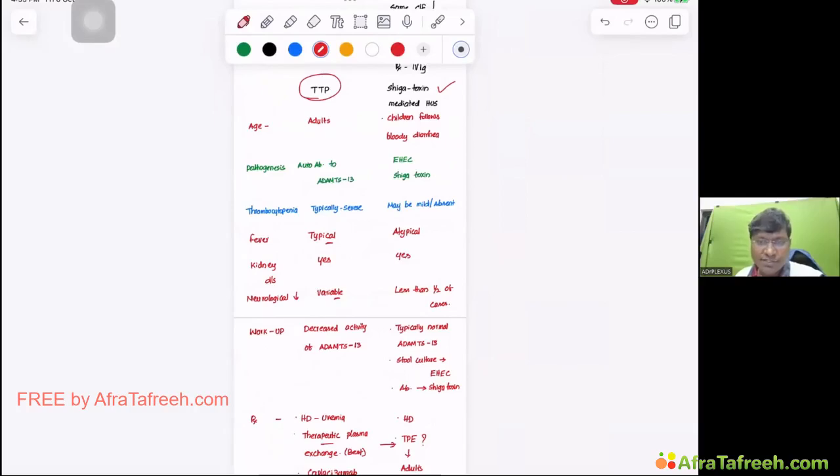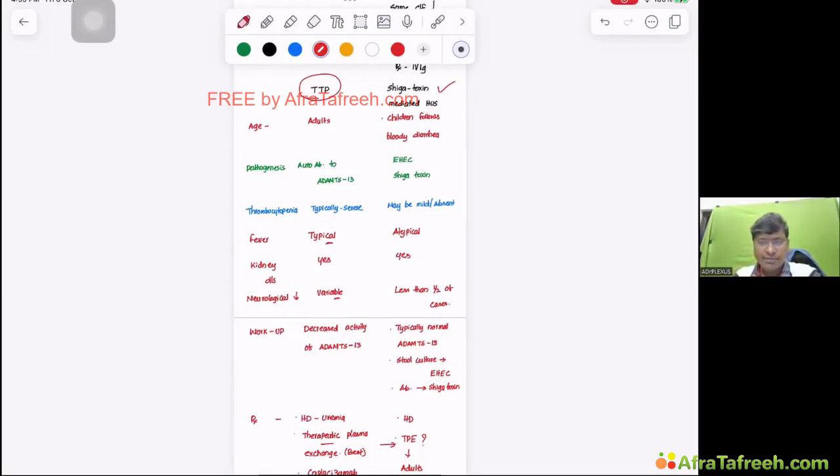The first important difference is age. Second is the pathogenesis. Age in TTP is adults. Pathogenesis in TTP is autoantibody mediated, autoantibody to ADAMTS13. As the word itself tells you, there is thrombocytopenia, particularly in severe cases. Fever is typically present.